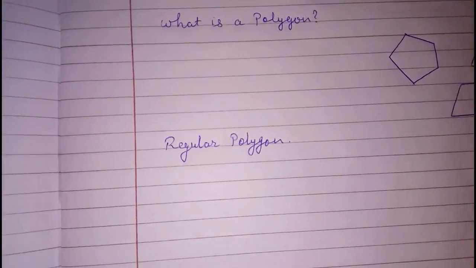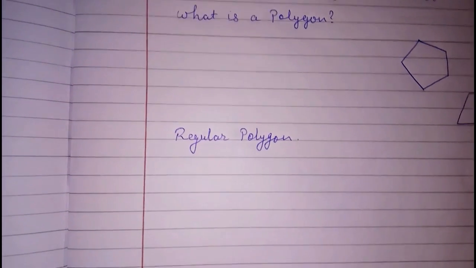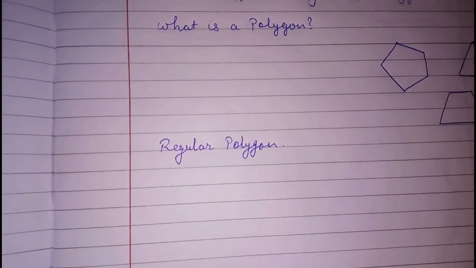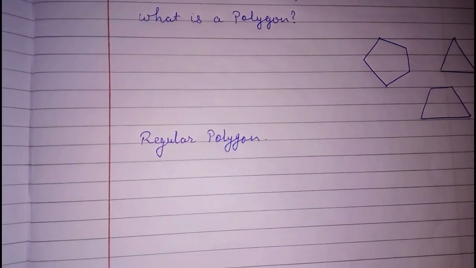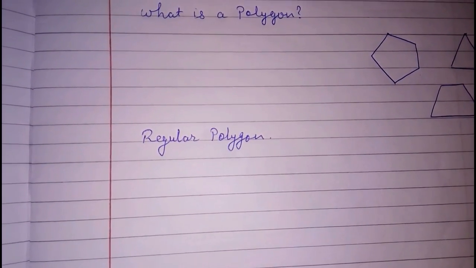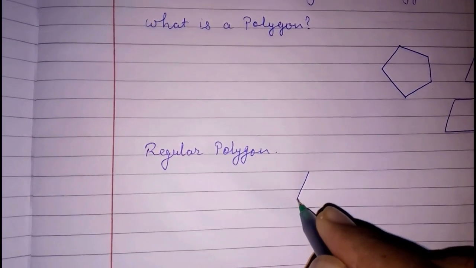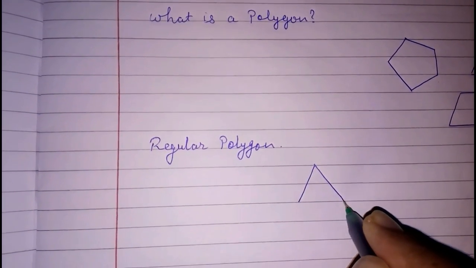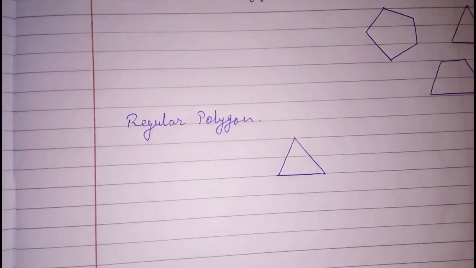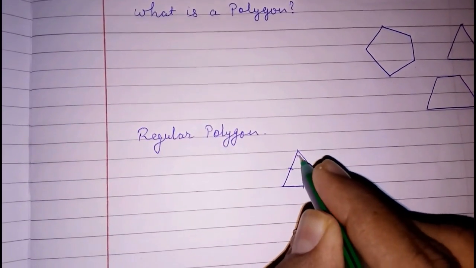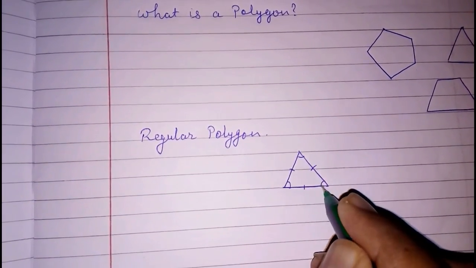What is a regular polygon? A polygon having all its angles and all its sides equal is called a regular polygon. First I will tell you the equilateral triangle. We know that in an equilateral triangle all sides are equal and all angles are 60 degrees.